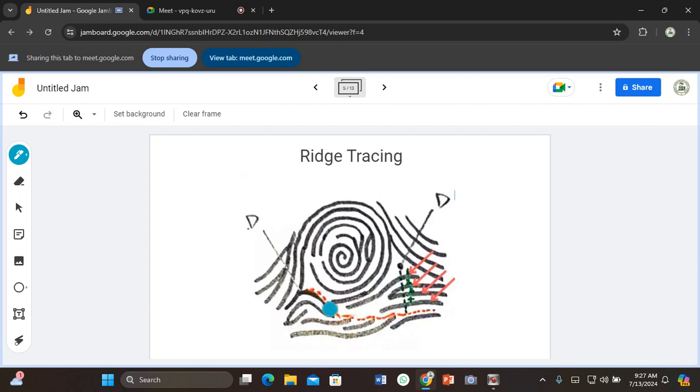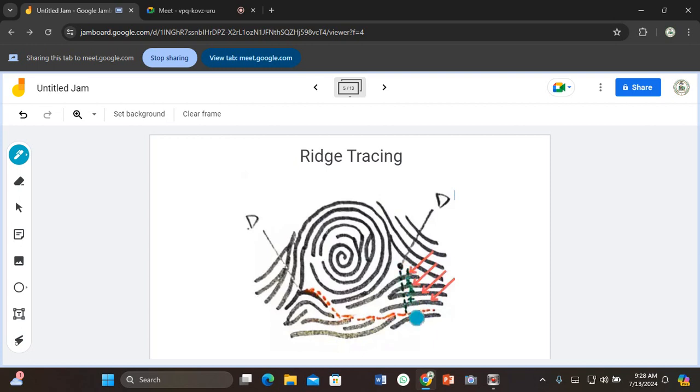Now, if that one stops here, then you jump to the next outer lower ridge. Then if that one stops abruptly, then you jump to the next one, and the next one, until you get to the place where you have the second delta. Then you draw a line from the delta to this place.